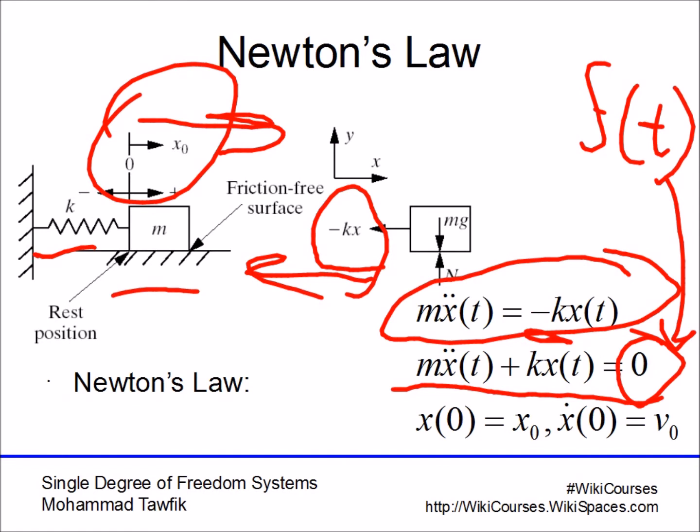We will get back to the excitation later, but for now we will solve the problem with just the initial conditions. For a second order differential equation like this one, we need two initial conditions, the displacement, say, and the velocity, in order to be able to solve the equations and find the time change of x of t.